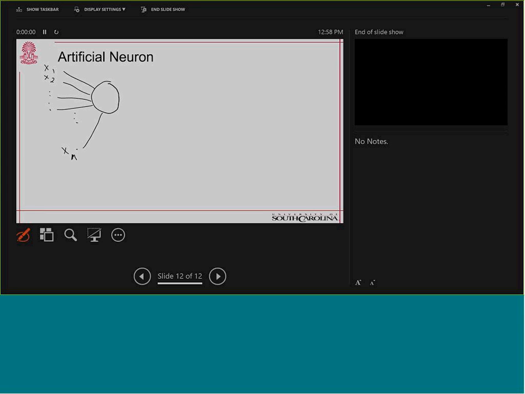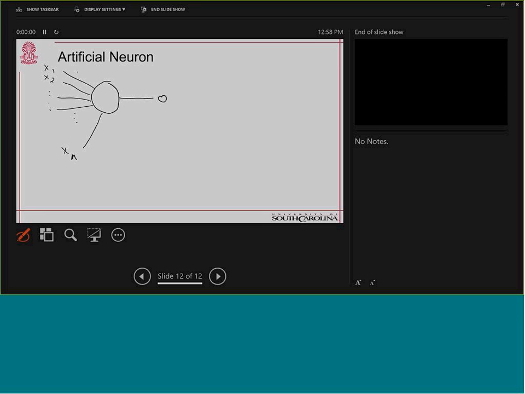These take n inputs, and we just mark the output as y. Every one of the connections is the axon, the output of the neuron, the body of the neuron.